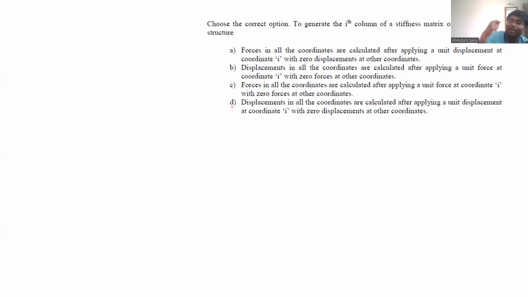How will you calculate your unknown by applying unit unknown? Unit unknown means, whatever method you are assuming, you take those unknowns to be unit and calculate the other counterpart, which may be force or displacement. But you cannot calculate your unknown by applying unit load. If you are using the force method, you cannot calculate force by applying unit force. Similarly, if you are applying the displacement method, you cannot calculate displacement by taking unit displacement. So option D is ruled out.